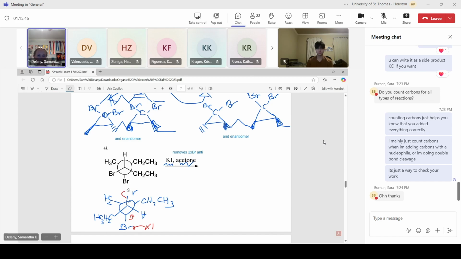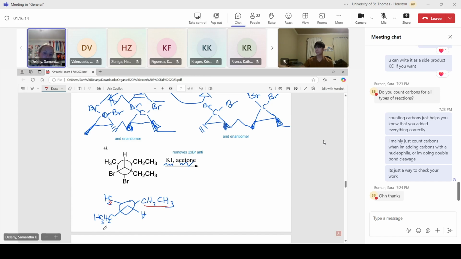I'm actually just going to erase them very carefully from my Newman projection. I think it's a lot easier to leave it in Newman projection form. You could, if you really want to, draw it out. What you'd end up with is a trans alkene.